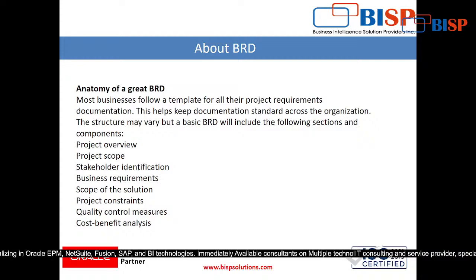Order to cash process. Suppose they say that we want an approval process. So what we are going to write here in project scope is that we are providing the approval process, but only for 2 levels. Secondly, in the scope, we are going to migrate only the last 2 years of historical data.